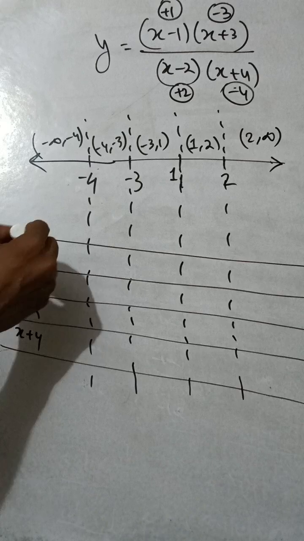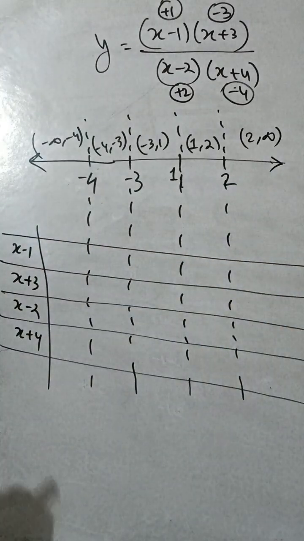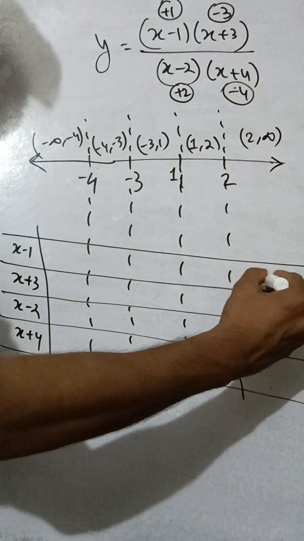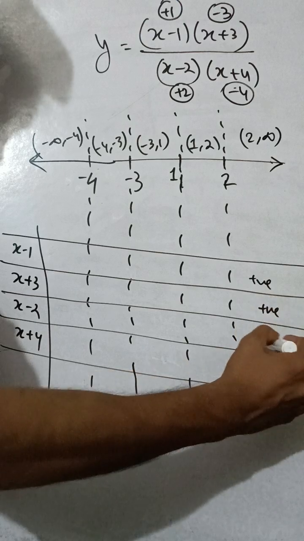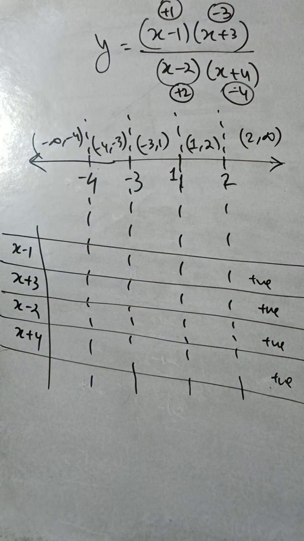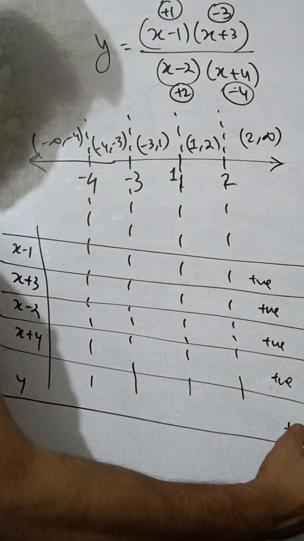Now, for instance, in the rightmost region, 2 to infinity, every one of them will be positive, is it not? Whenever the value of x is greater than 2, all these will be positive, and hence our y will also be positive here.